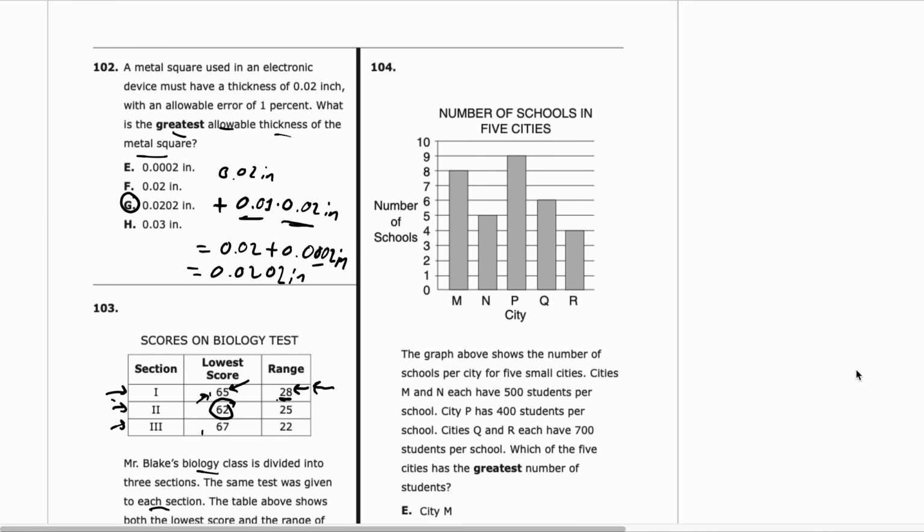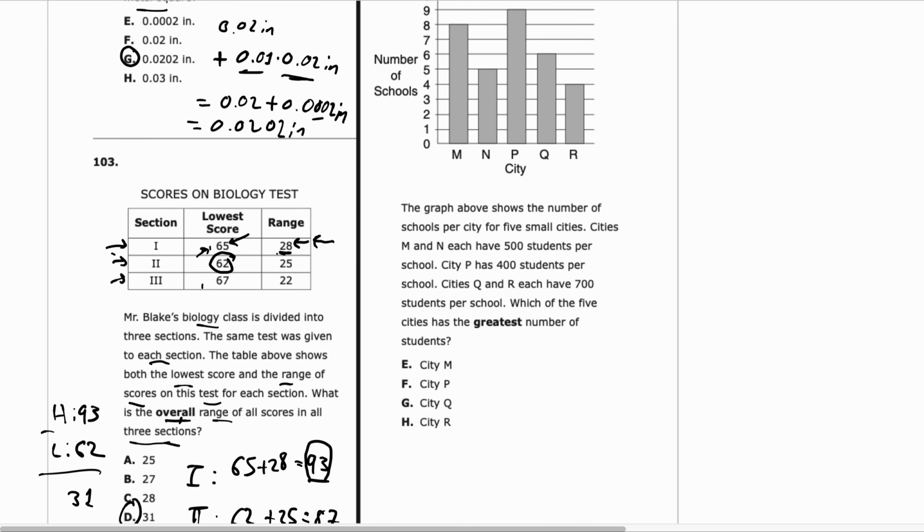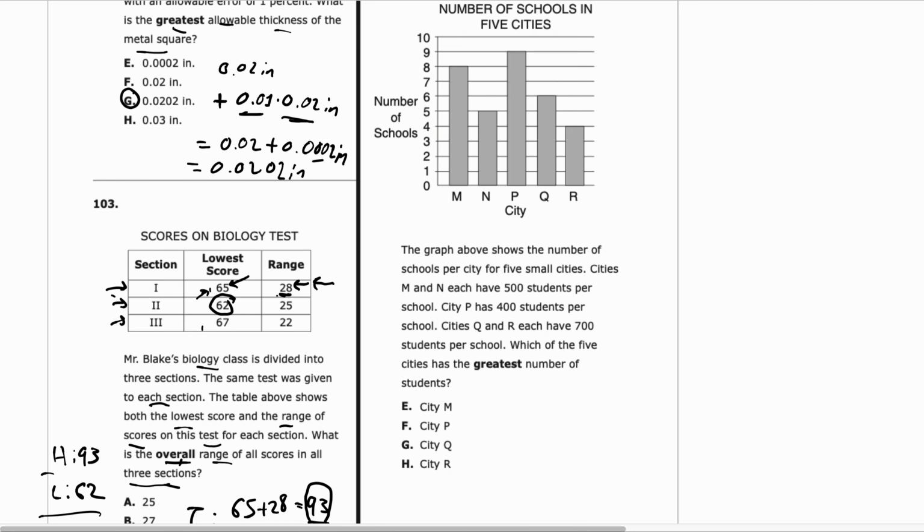Okay, so we'll do 104. Number of schools in 5 cities. The graph above shows the number of schools per city for 5 small cities. Cities M and N each have 500 students per school. City P has 400 students per school.